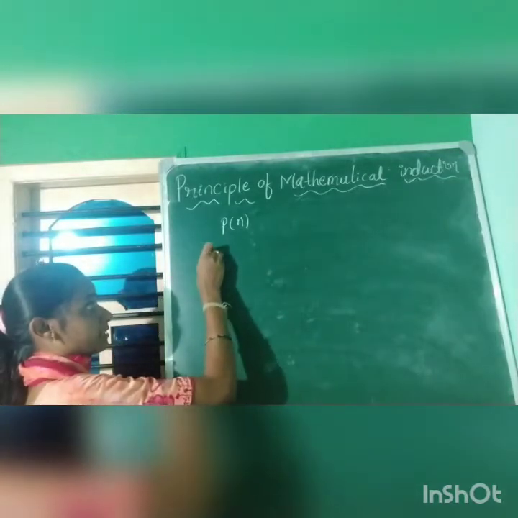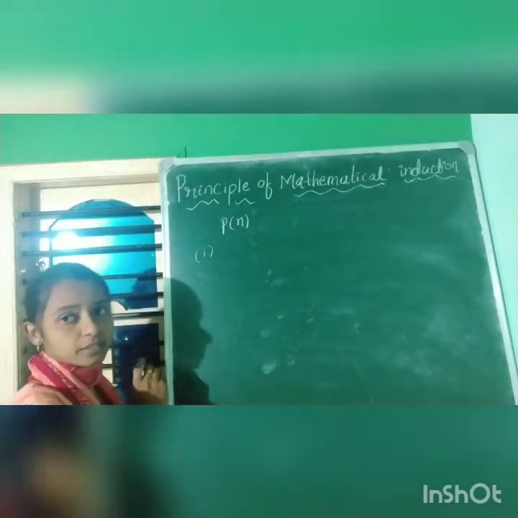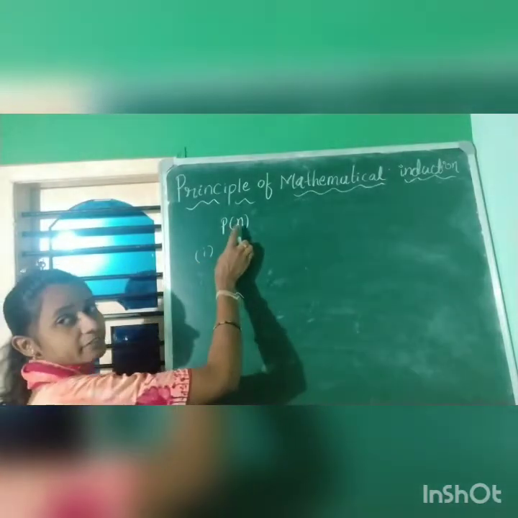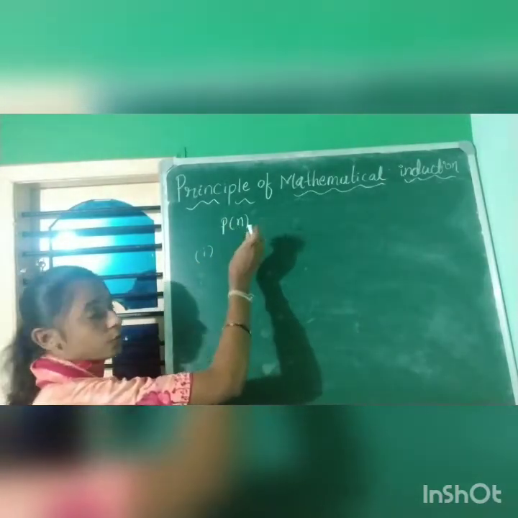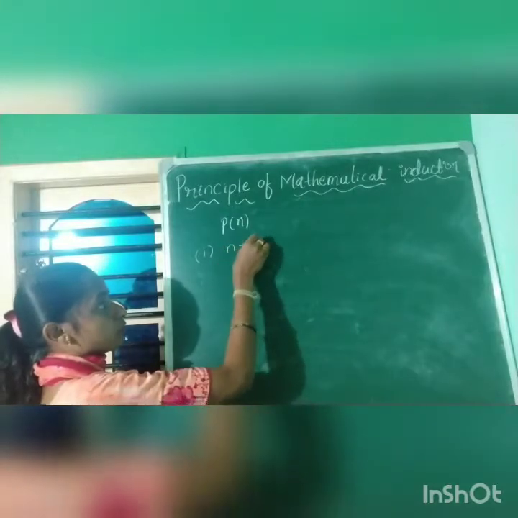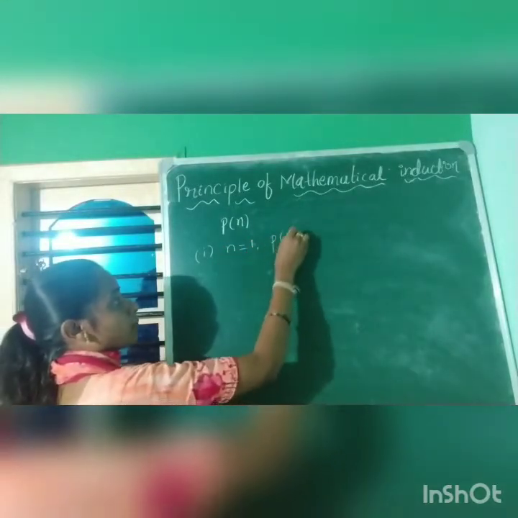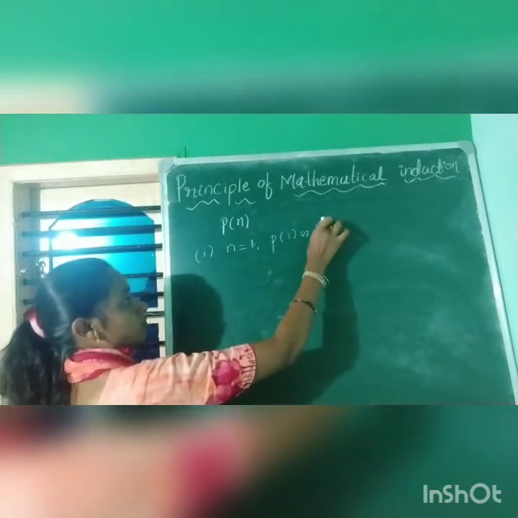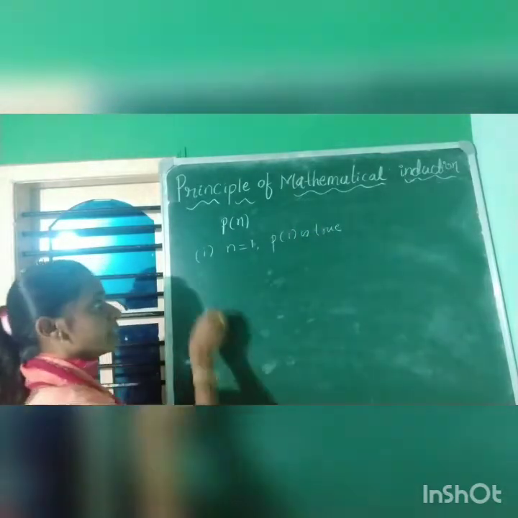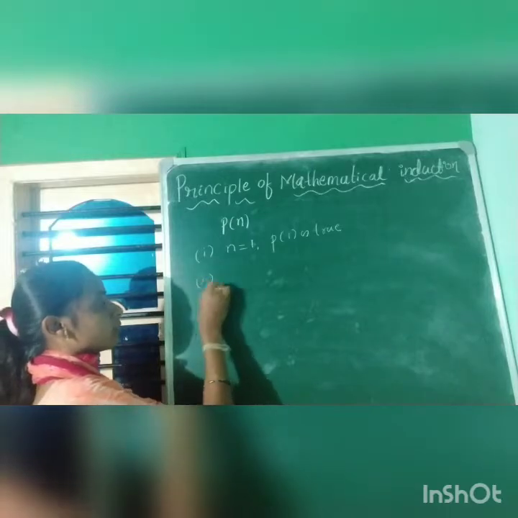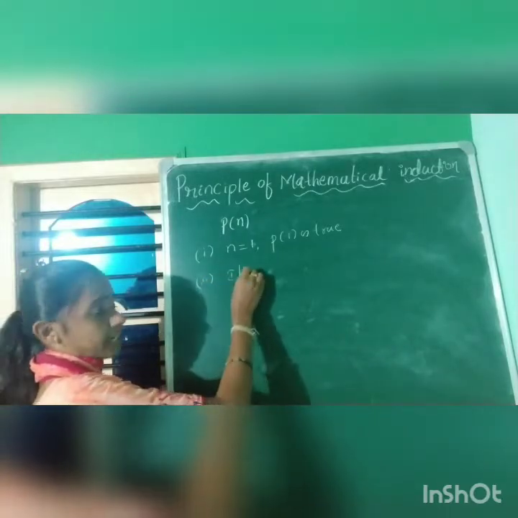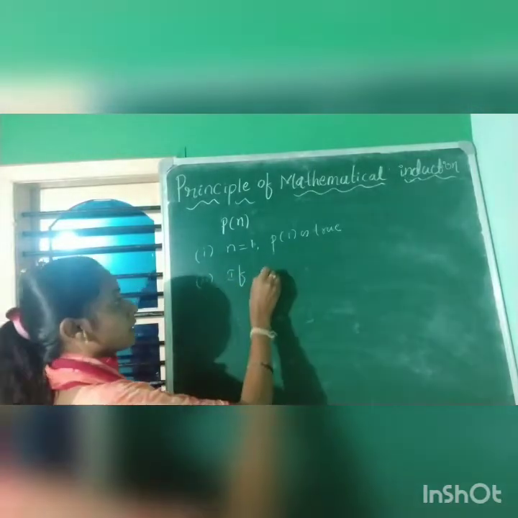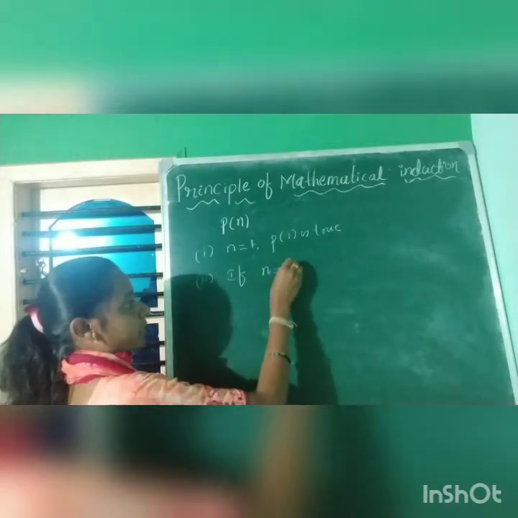Next, the first step is, the given statement P of n is true for n is equal to 1, that is, P of 1 is true. The second one is, you need to consider that the statement is true for n is equal to k.